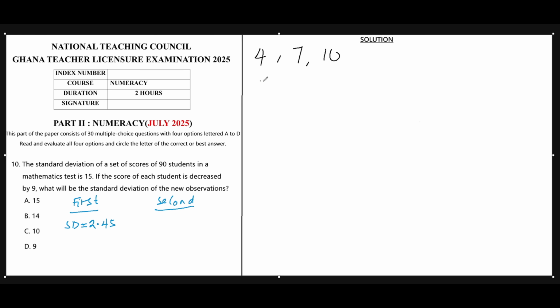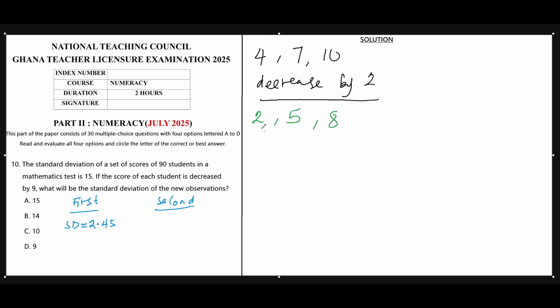Now we are going to decrease each of the scores by, okay, let's choose 2. Once we decrease by 2, what do we have? Decrease goes with subtraction. So 4 minus 2 is 2. When you decrease 7 by 2, we have 5. When you decrease 10 by 2, we have 8.